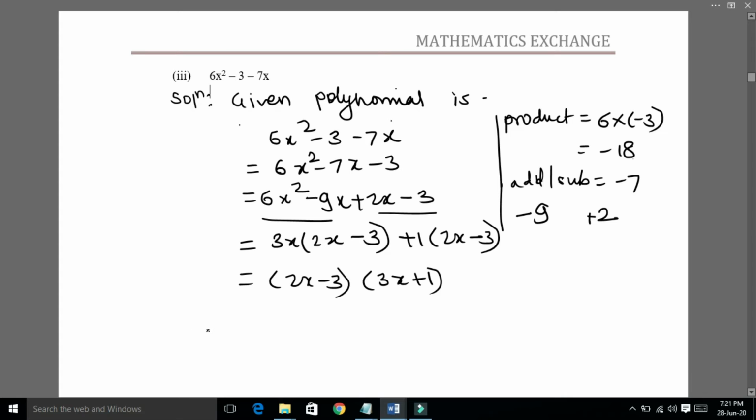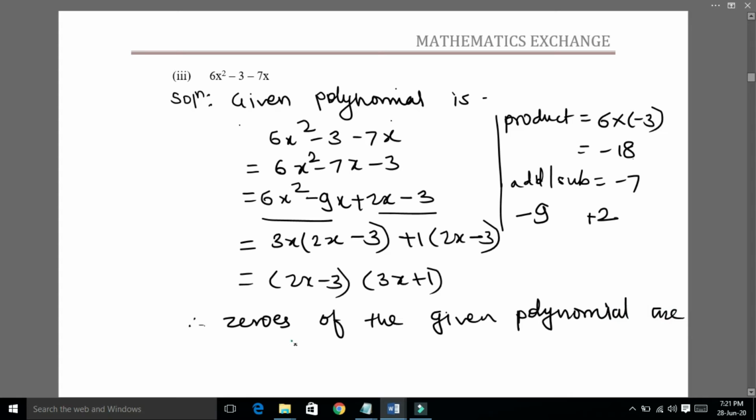Now we have to find the zeros. Therefore zeros of the given polynomial are when 2x minus 3 is equal to 0 or 3x plus 1 is equal to 0.